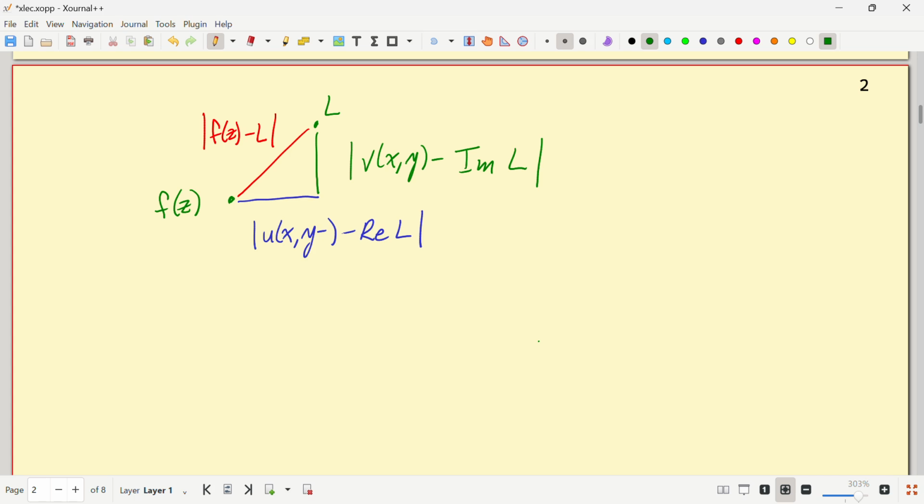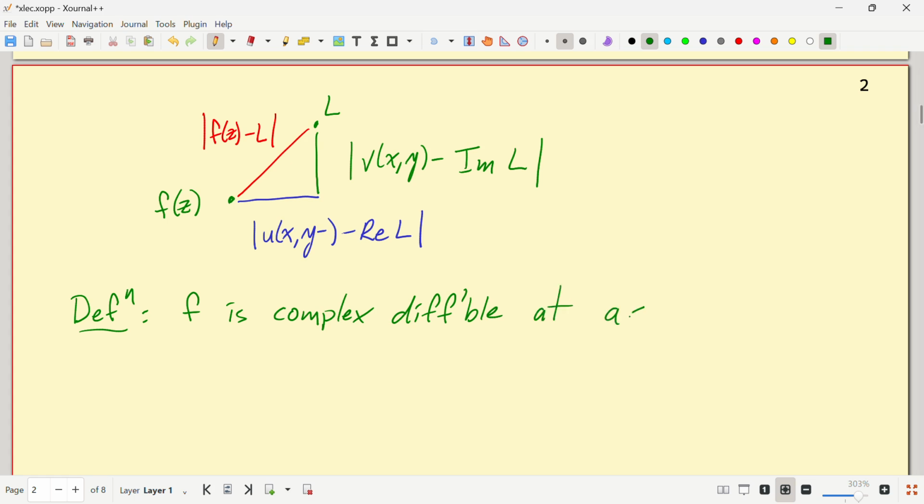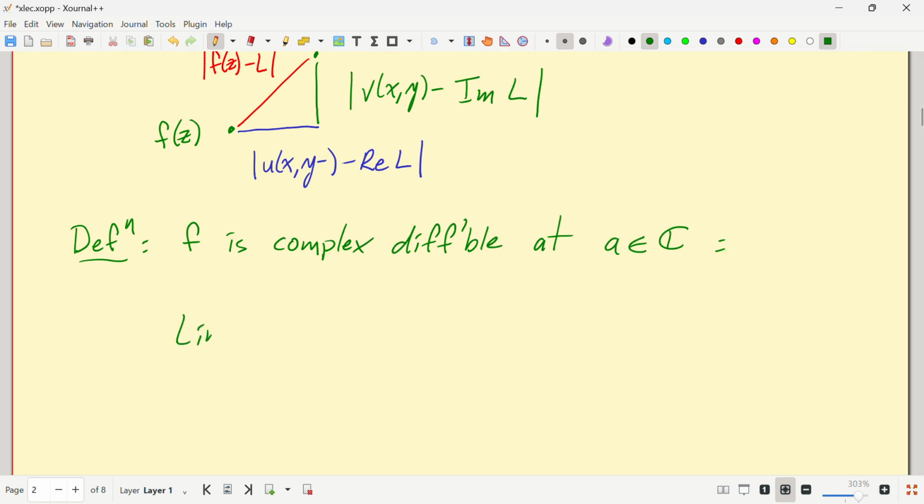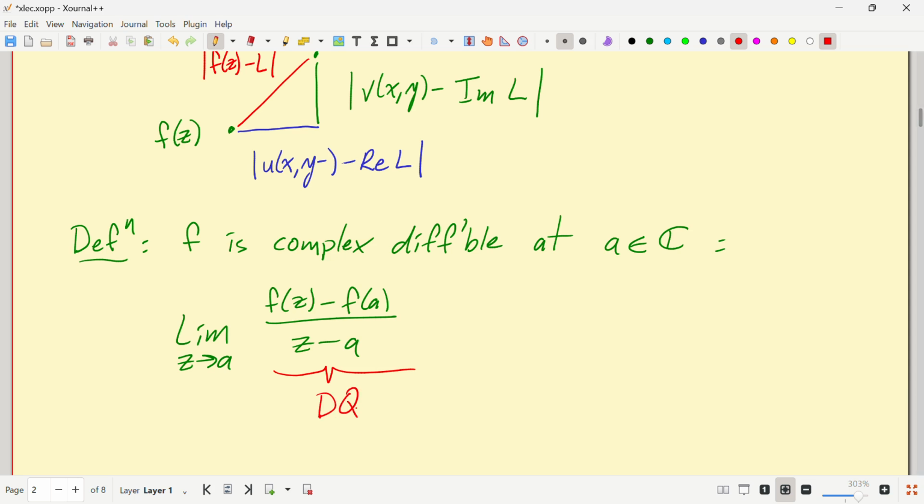Let's see. Okay, so finally I'm going to define what Math 530 is all about. We say that f is complex differentiable at a point, let's say A. That means that the limit as z tends to A of the difference quotient, f of z minus f of A over z minus A, this is a complex difference quotient, which I like to call dq, exists.